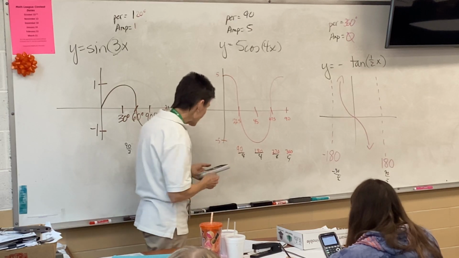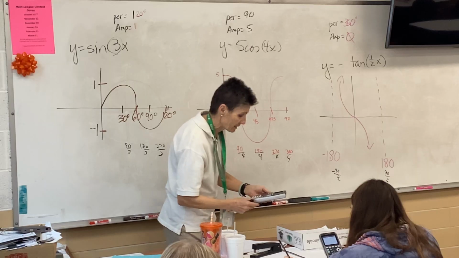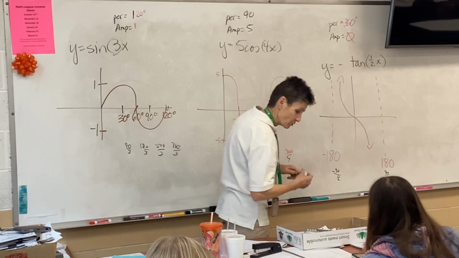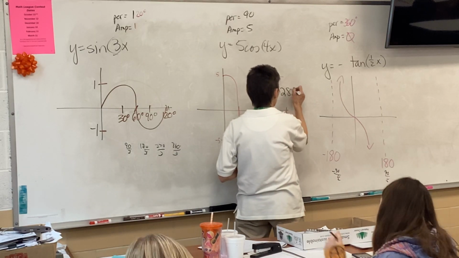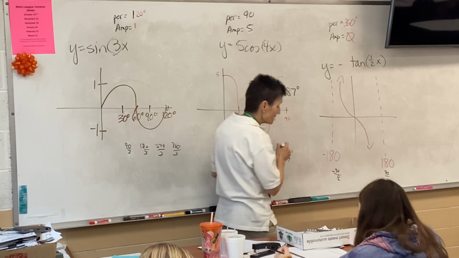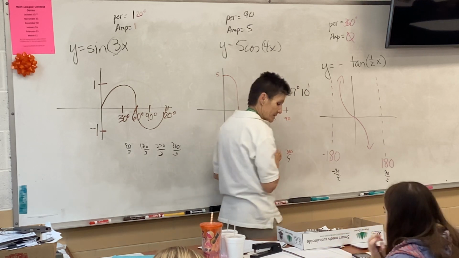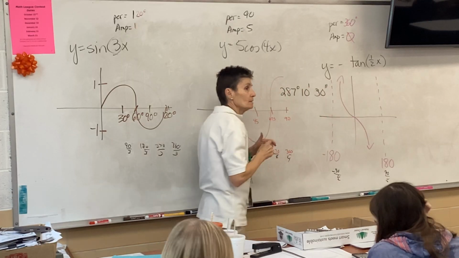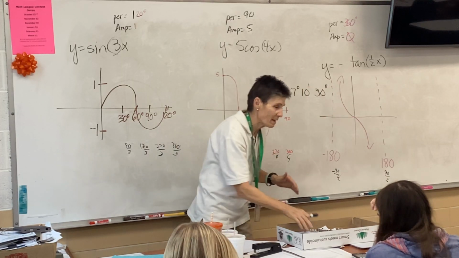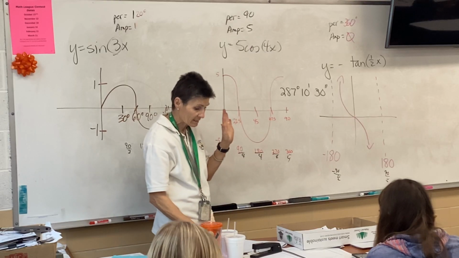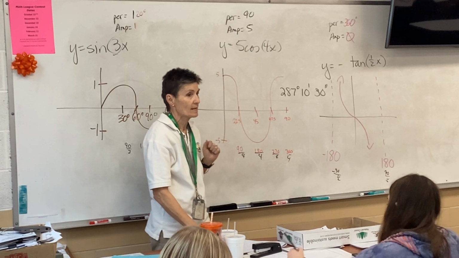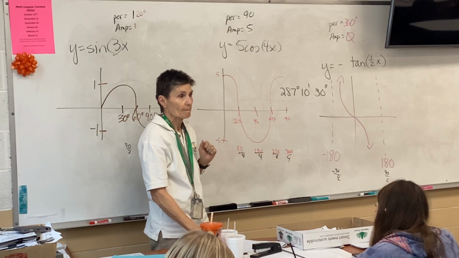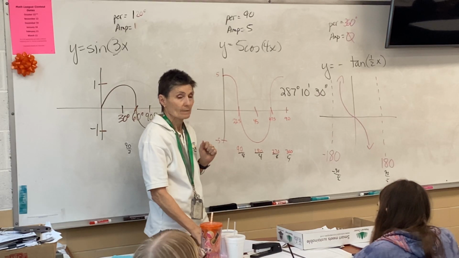And then we're going to write down exactly what the calculator says. So 287 degrees, 10 minutes, and 30 seconds. Nothing else, no commas or spaces or anything. That's just write down exactly what the calculator says. All right.